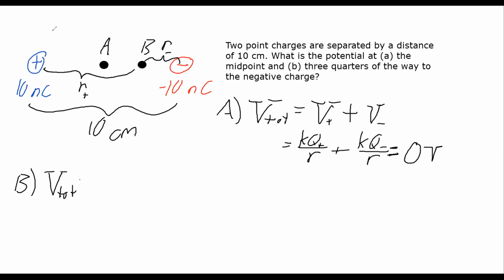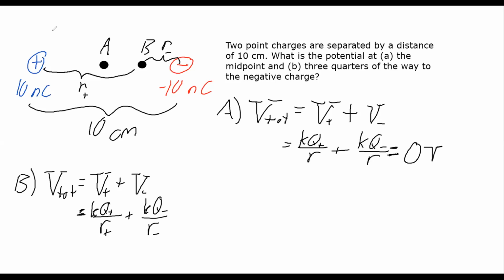We're just adding up the voltages, V positive plus the voltage from the negative charge, V negative. K Q positive over R positive plus K Q negative over R negative. I'm just using my equation for voltage there.